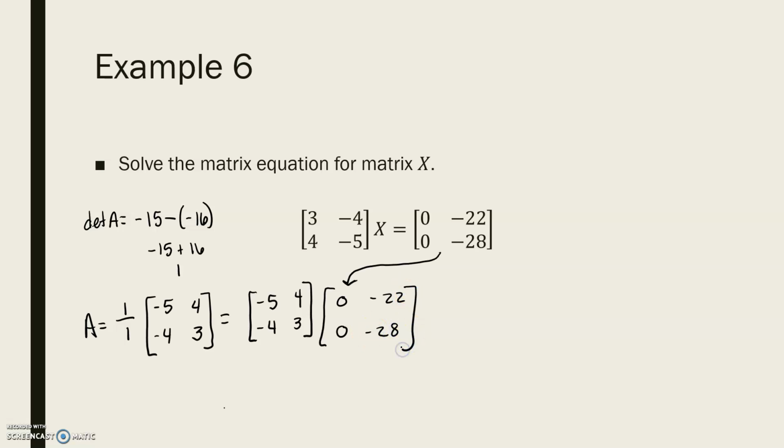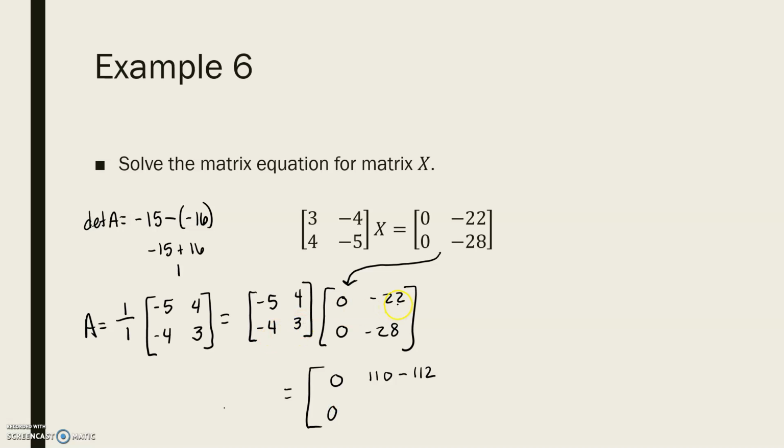Here we go. Okay. So when I multiply these together, I get -5. I'm doing the first row times the first column, and I get 0 times 0. So that's easy. That's just 0. -5 times -22 is +110, plus 4 times -28, which is -112. Had to do some math there in my head. And then -4 times 0 is 0, plus 3 times 0 is 0.